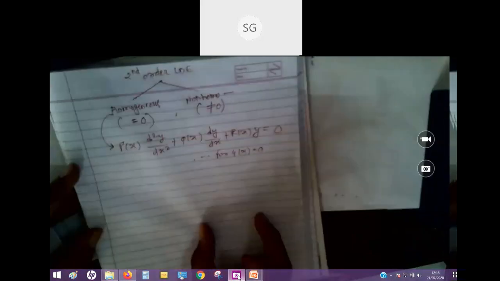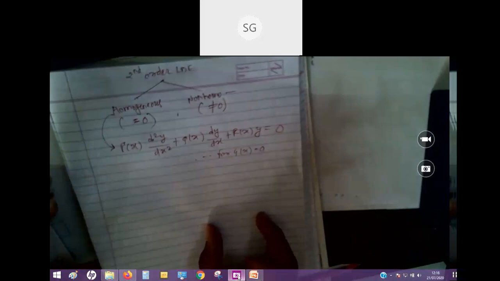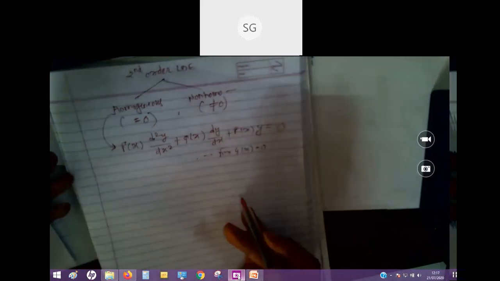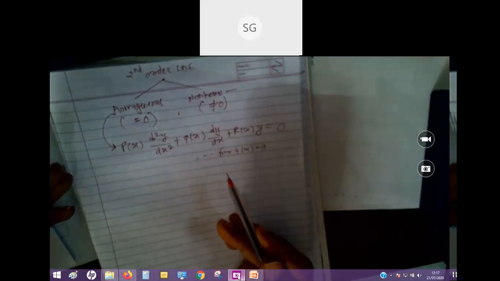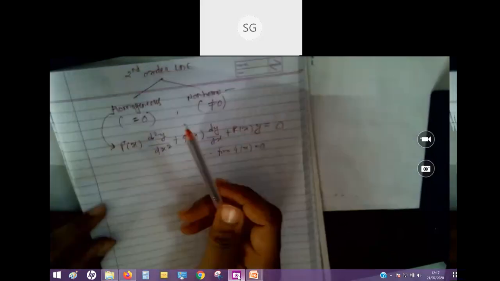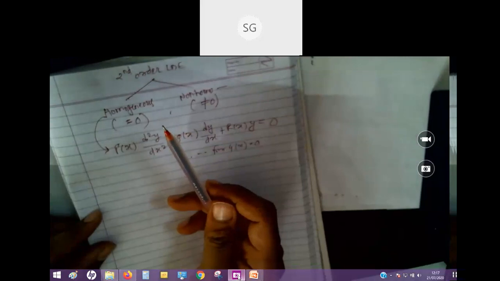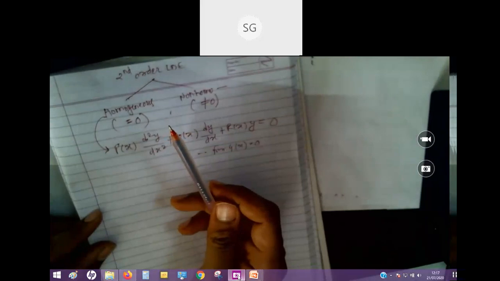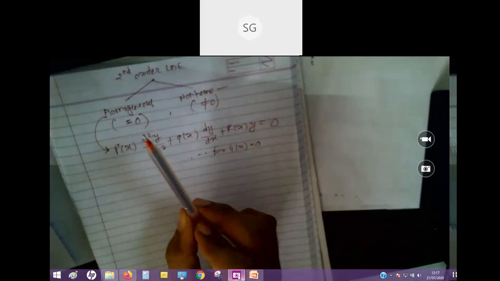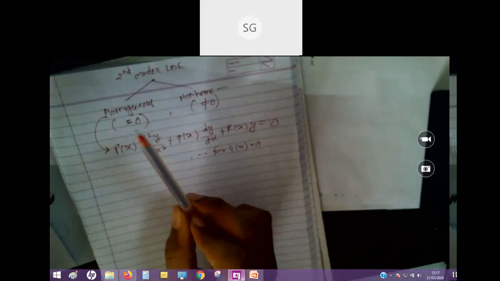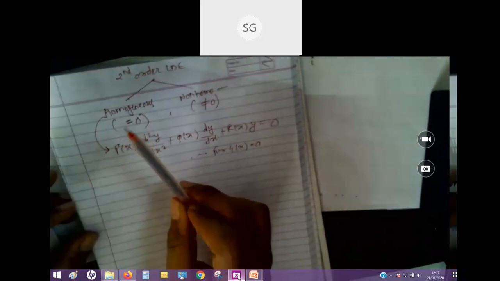Instead of directly going to the application, I am going to describe the different ways, first the solution of the second order linear homogeneous differential equation. Are you getting this?